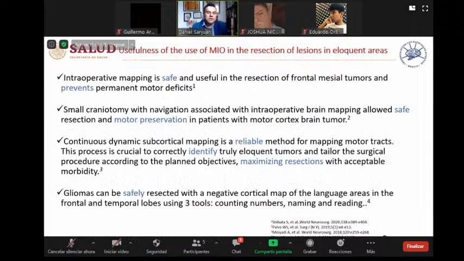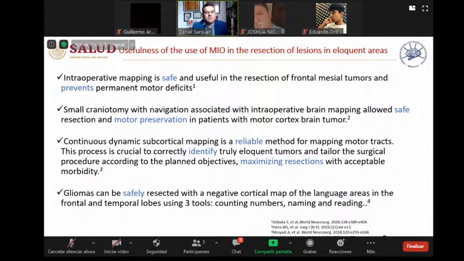So this is just to finish. There are some publications written by neurosurgeons around the world to emphasize the use of these IOM techniques during the resection of lesions in eloquent areas.